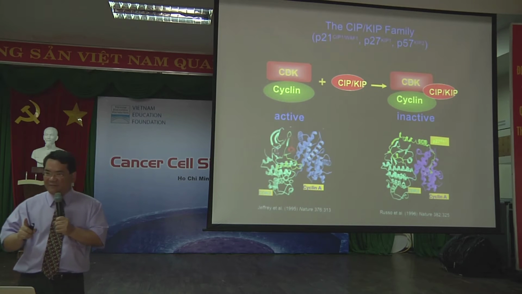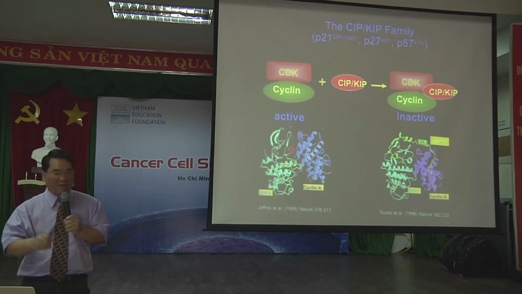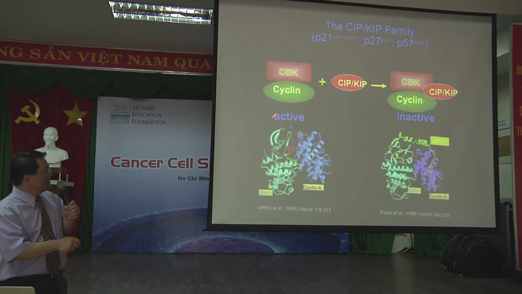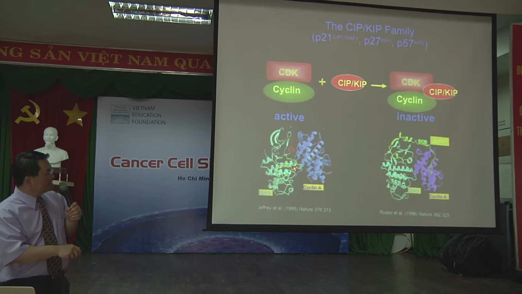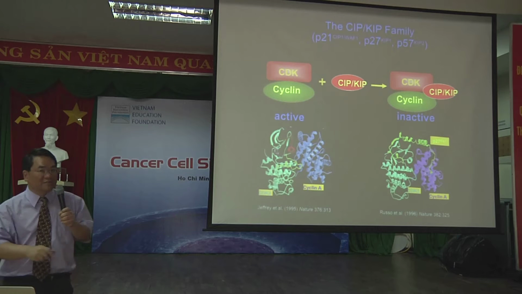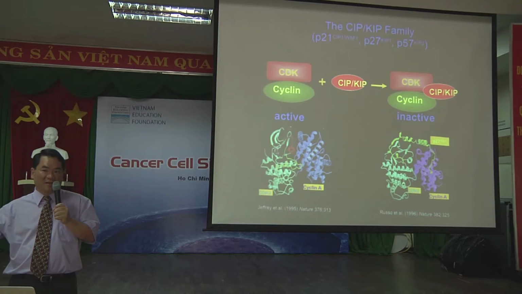But for the CIP/KIP family, it is a little bit different. You look at the structural biology shown here: the cyclin and CDK. When cyclin associates with CDK, the CDK becomes activated, and it has an important site for the kinase substrate to enter.